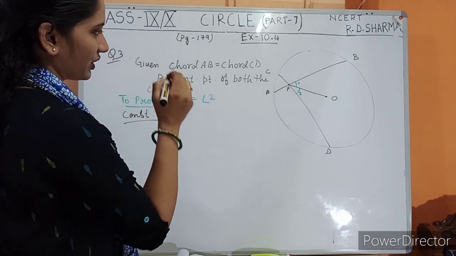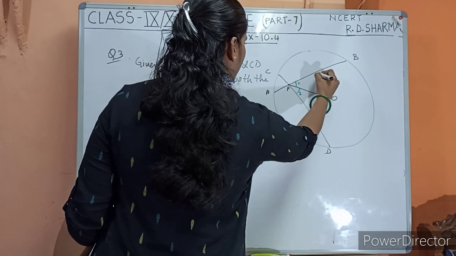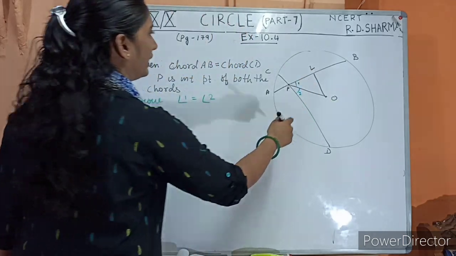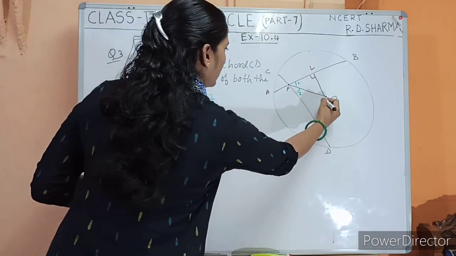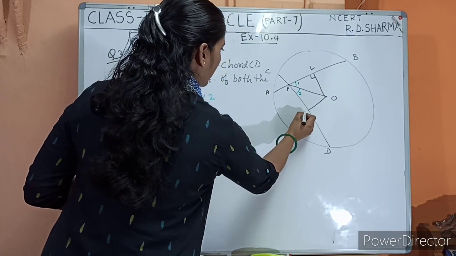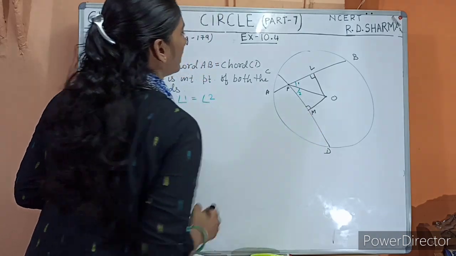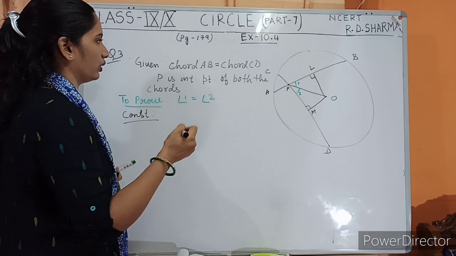In construction, we will join this OP as well as we will draw a perpendicular OL on the chord AB and OM perpendicular on the chord CD, this is M. So that thing we will write it down also.